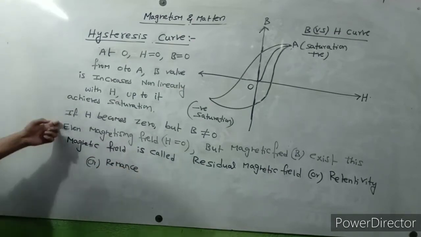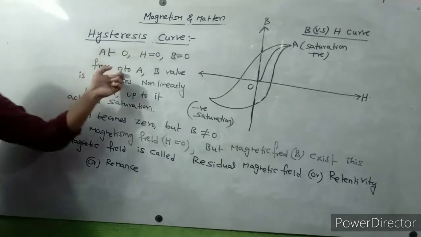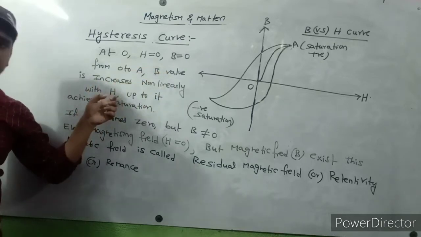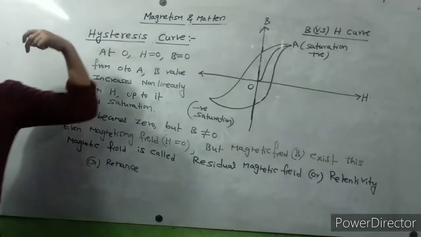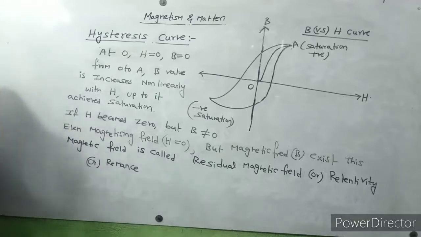Observe carefully. At O, H is equal to 0 and B is equal to 0. From O, the B value increases non-linearly with H until it achieves saturation. Once it achieves saturation, the B value never increases.